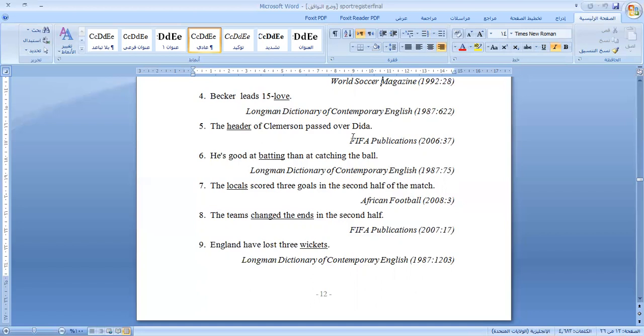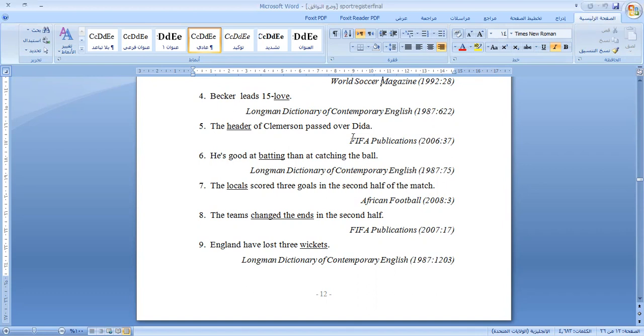In other sports it means duck. We say Baker leads 15 duck. I don't mean 15 ducks; 15 duck means 15 to zero. In the sports dictionary in English we have different ways to say zero, while in Arabic we have only one way.